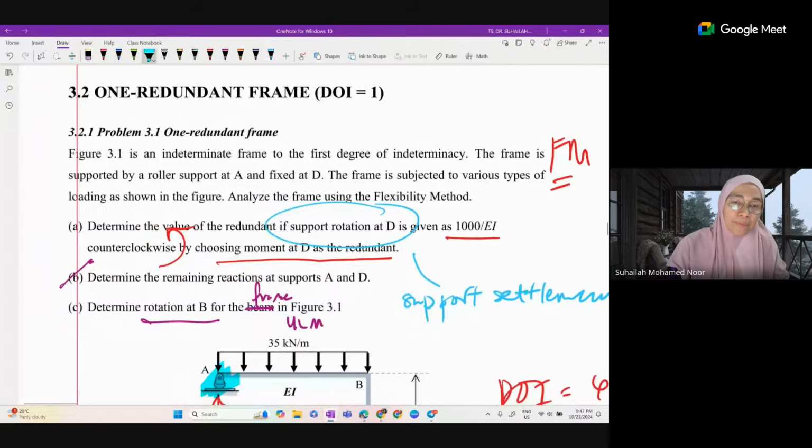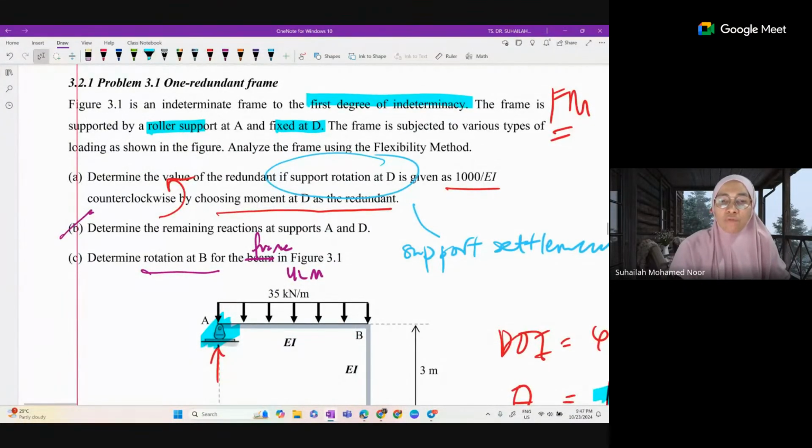Looking at this frame, this is an indeterminate frame to the first degree of indeterminacy. One redundant is called the first degree of indeterminacy. The frame is supported by a roller at A and fixed at D. The frame is subjected to various types of loading.